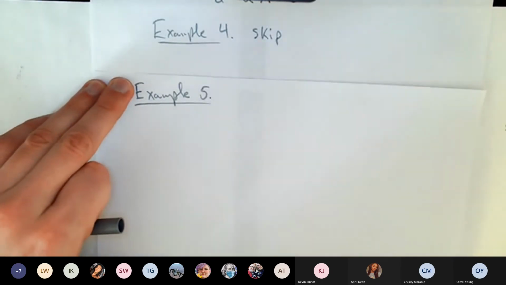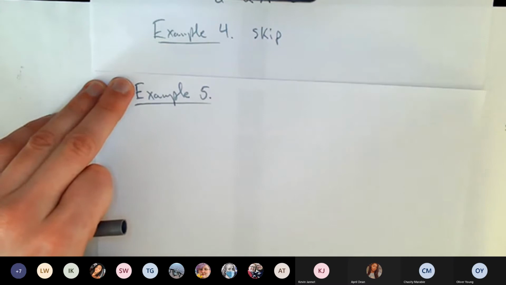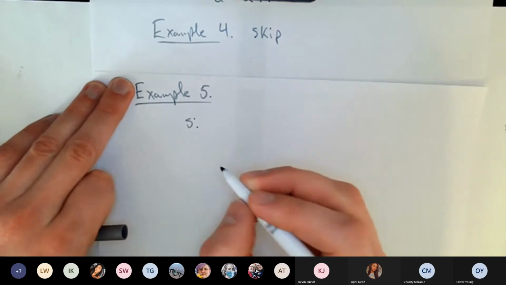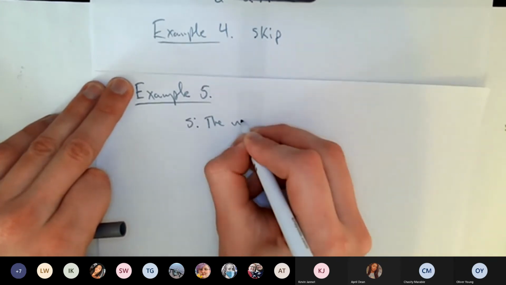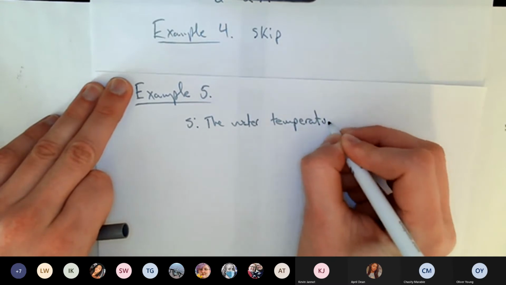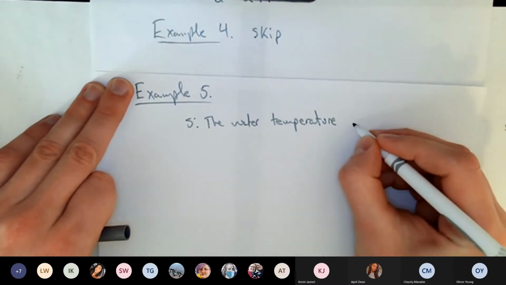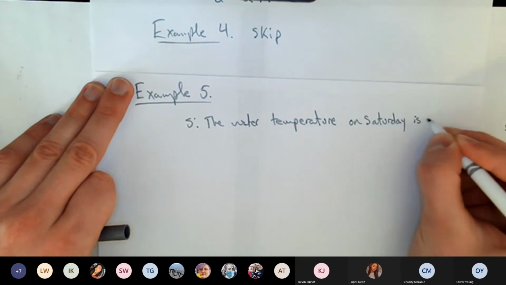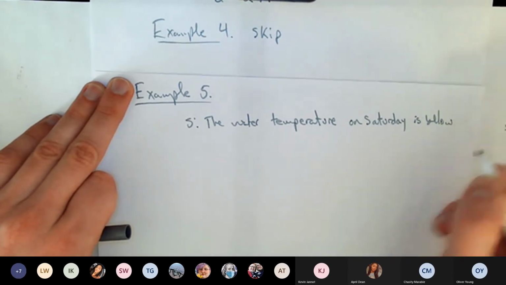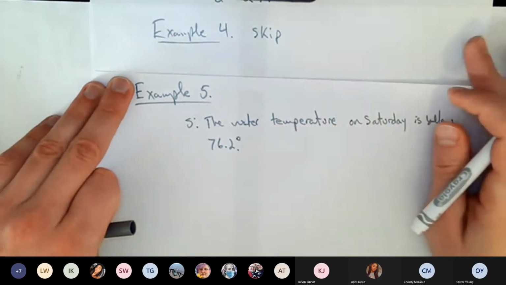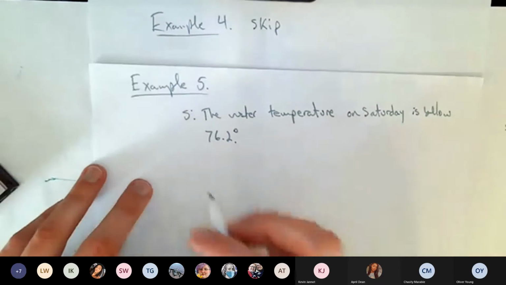So the instructions say use the following statements S and T to symbolically write the given compound statement Q. Same instructions, just new statements, and they're going to be connected differently. S: The water temperature on Saturday is below 76.2 degrees, probably Fahrenheit, but they didn't tell us, that doesn't matter.